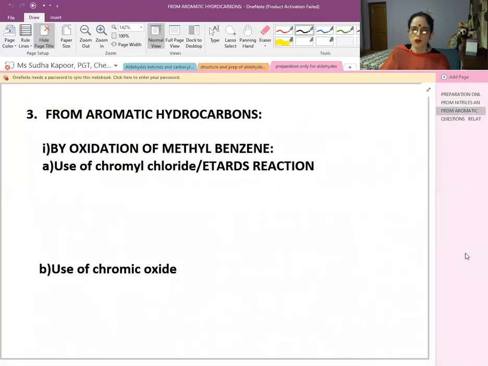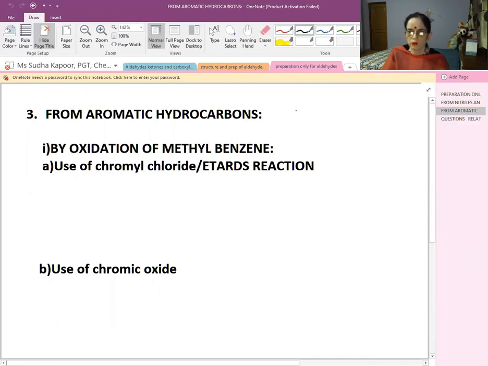Now this preparation is from the aromatic hydrocarbons. The first method is from aromatic hydrocarbons. There are three methods: by oxidation of methyl benzene, the other is side chain hydrolysis, and the third one is Gattermann-Koch reaction.